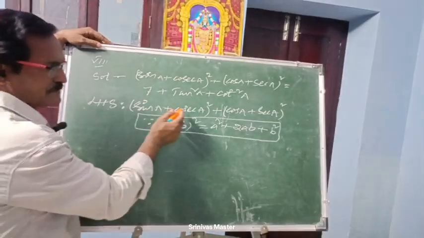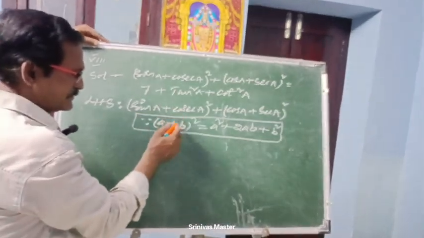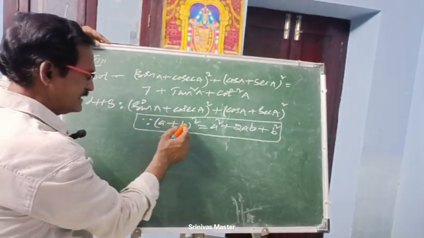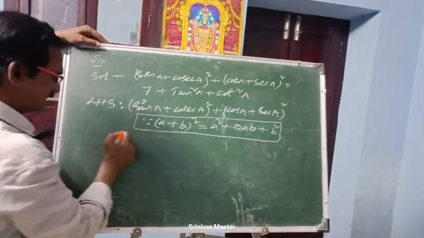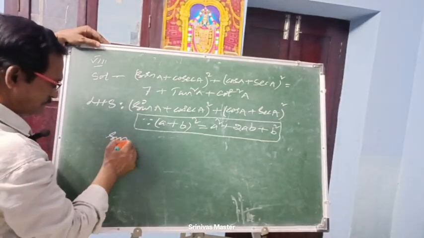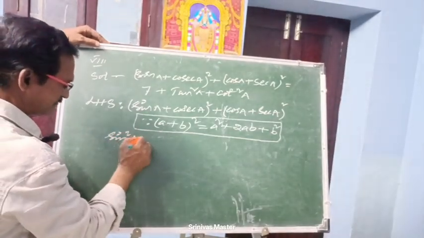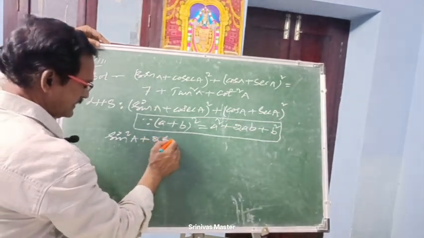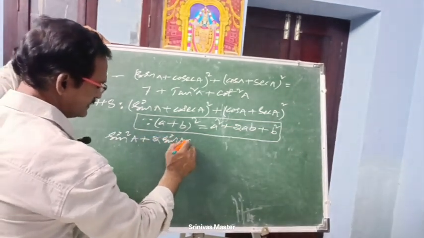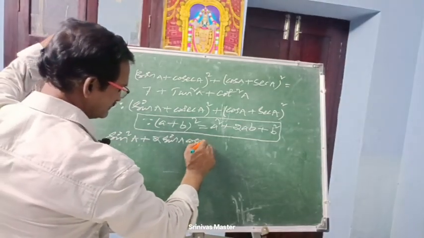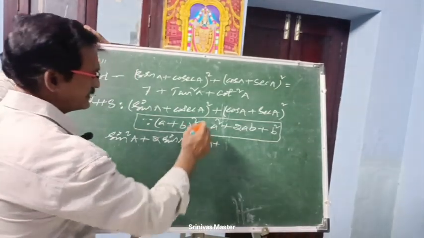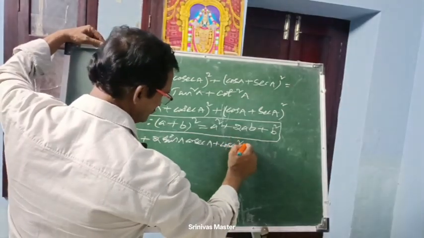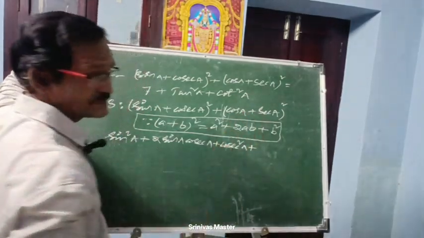Now, first expand this first bracket. Compare this one with this. In the A place is sin A, in the B place is cosec A. Expand according to this. A square means sin square A, plus 2AB, which means 2 sin A cosec A, plus B square, which means cosec square A. Plus this also can be expanded.